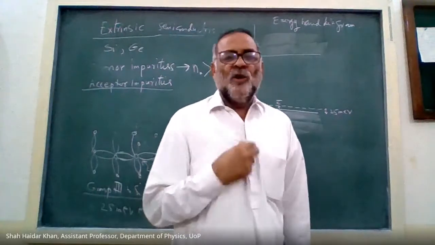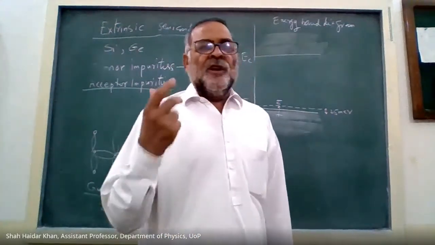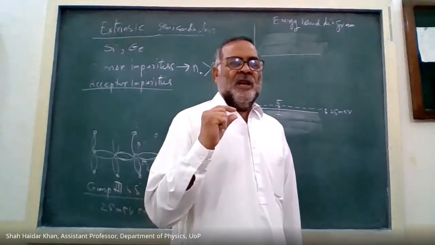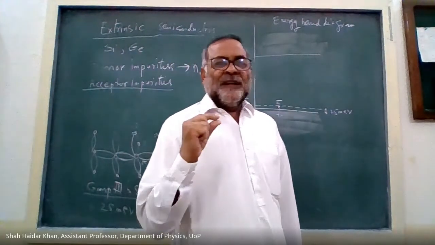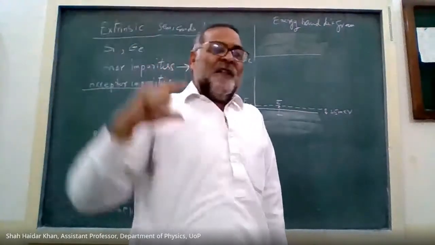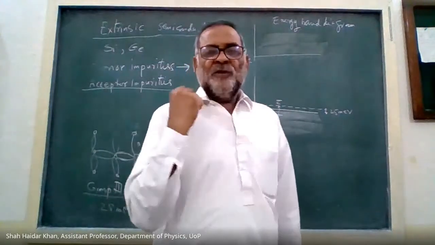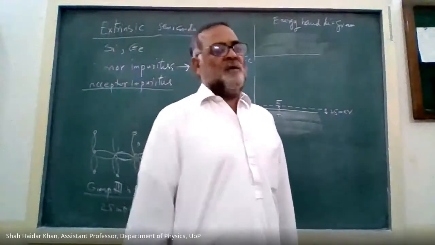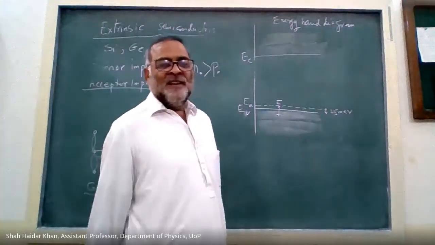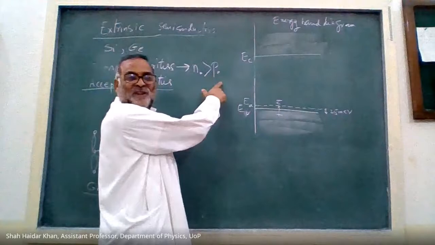Holes are fewer. Holes are only the result of energy provided by the jumping of an electron from the valence band up to the conduction band, and then a hole is produced. If we have donor impurities, a hole is not produced. Therefore, n naught will be greater than p naught.